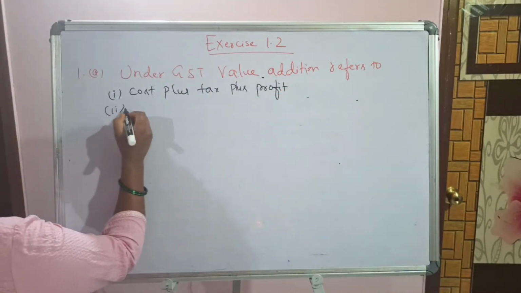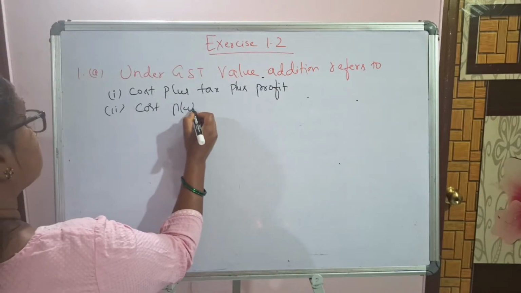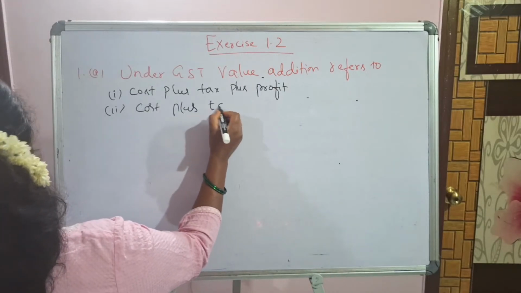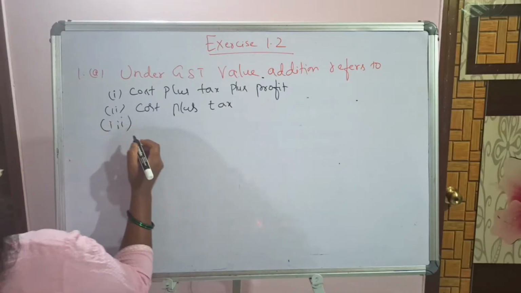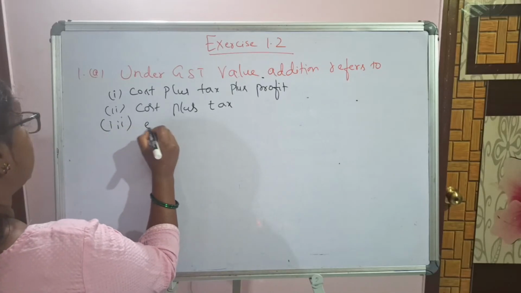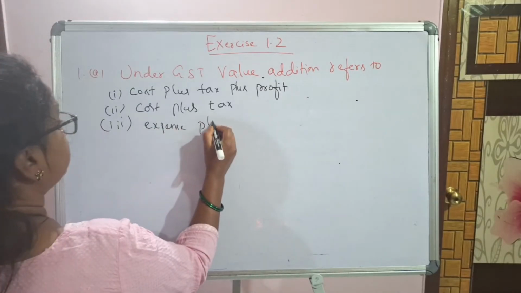Option 2, cost plus tax. Option 3, expense plus profit.